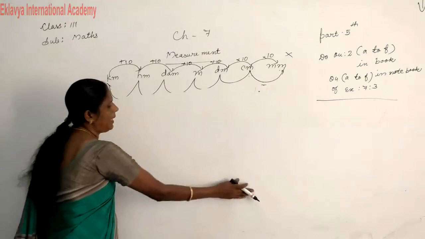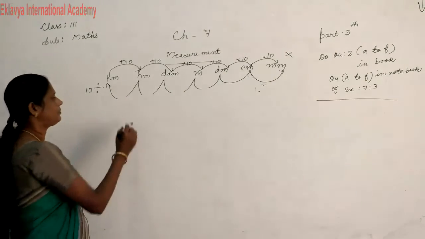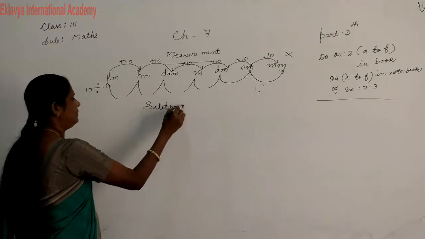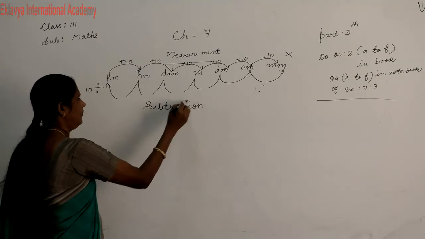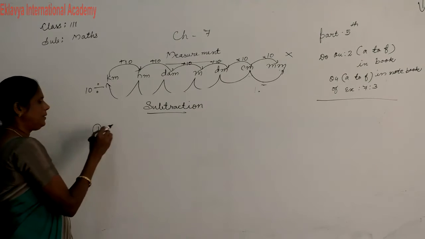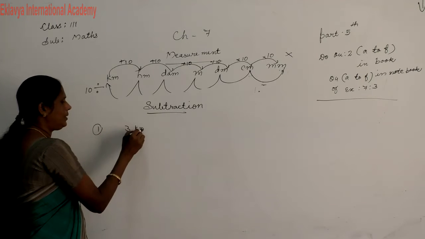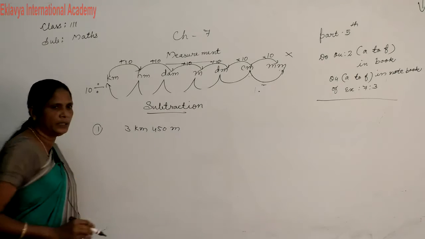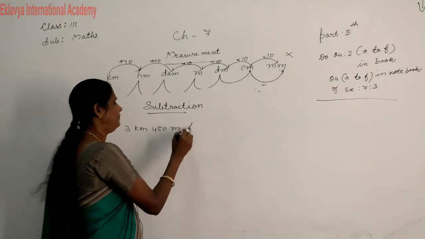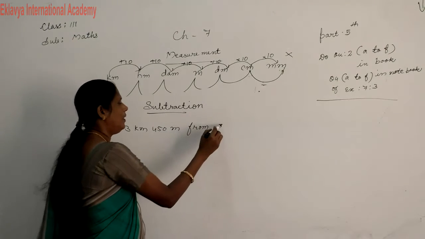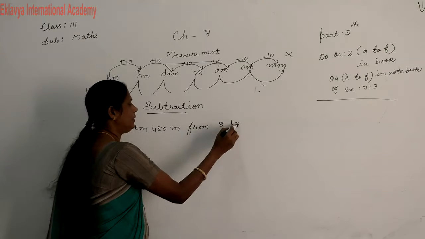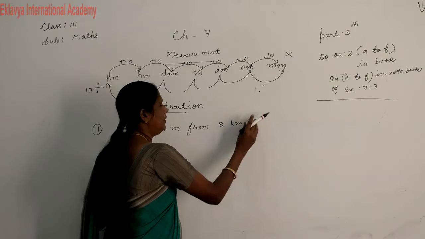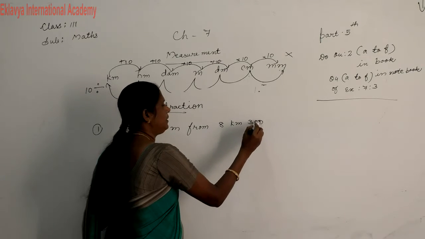How to subtract the numbers? For example, here: subtract 3 kilometer 450 meter from 8 kilometer 300 meter.